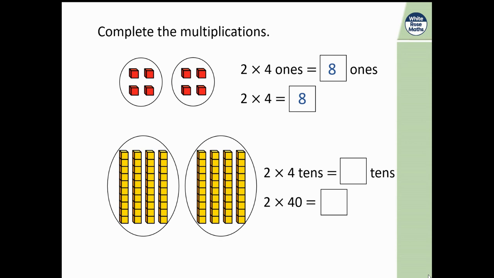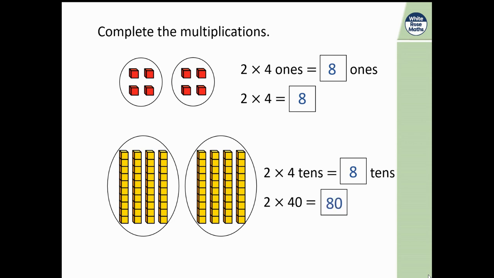As you can see, I have got 4 tens, and I've shared those into 2 groups. So I have got 2 lots of 4 tens, which is equal to 8 tens. So I could write that as 2 multiplied by 40, because 4 tens is the same as 40. 2 multiplied by 40 then would be 80.